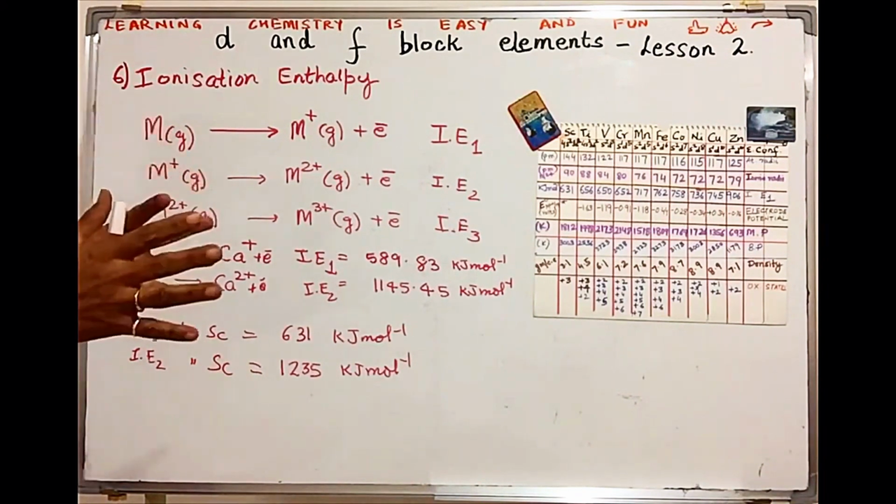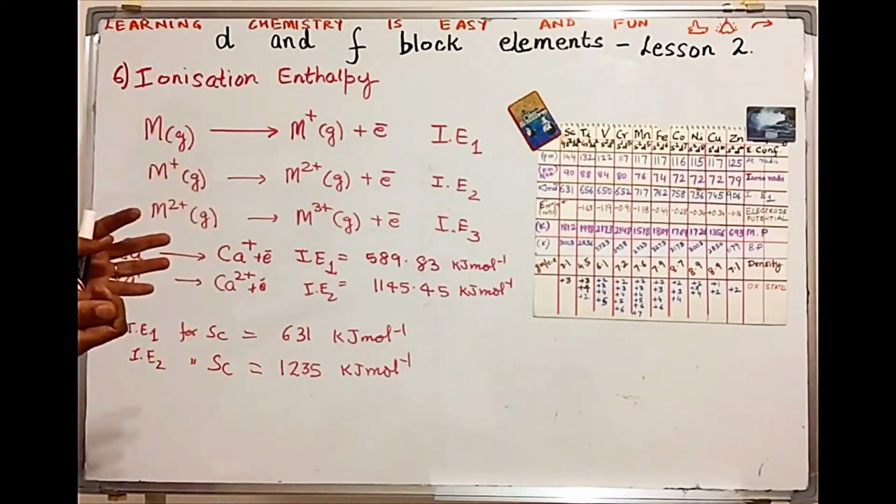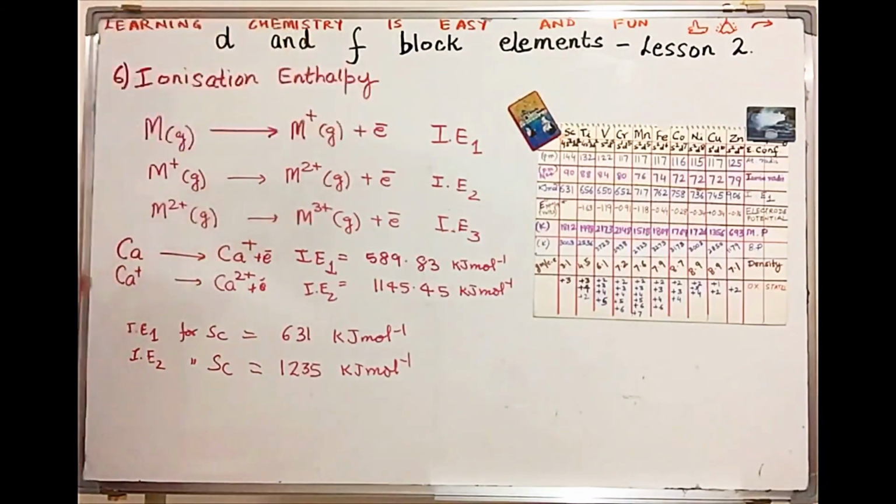Simply, I've got an atom, I want to remove an electron from it, how much energy will be required? Simple logic. The more the stability of the configuration, the more energy is required, right? On the other hand, if you are removing an electron and it is making it stable, then definitely the ionization enthalpy or ionization energy will be lower.